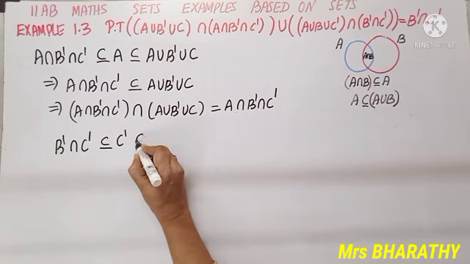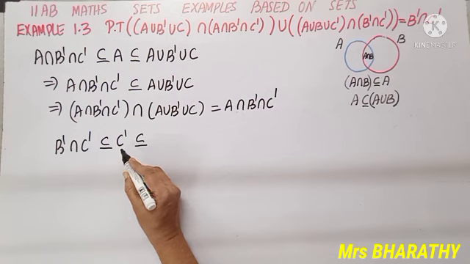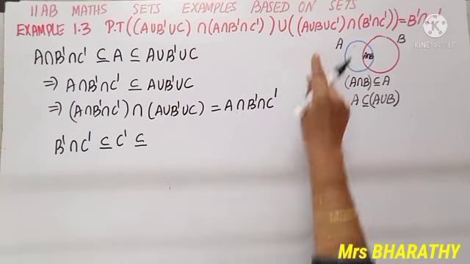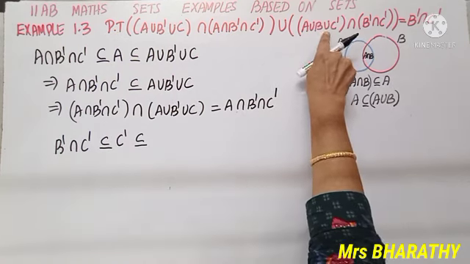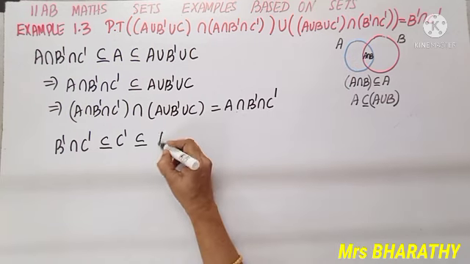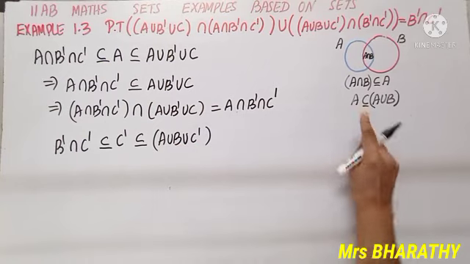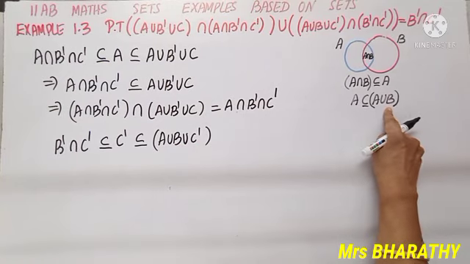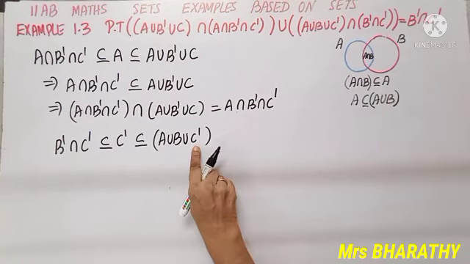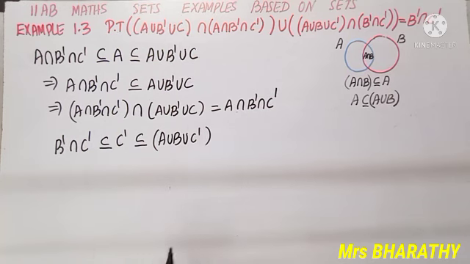But C dash is contained in C dash union some set. Here I have C dash union some set, so A union B union C dash. A is contained in A union some set, so C dash is contained in C dash union some set.